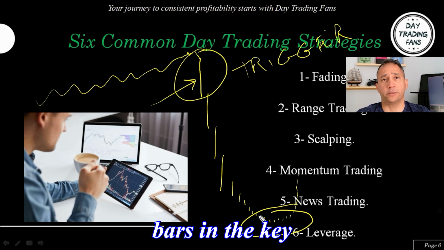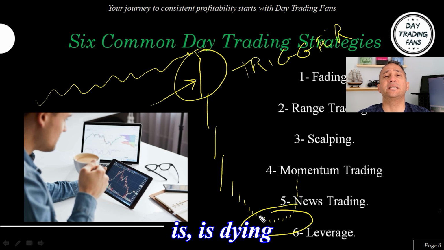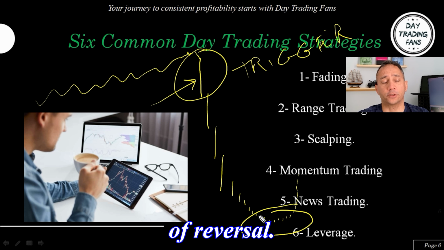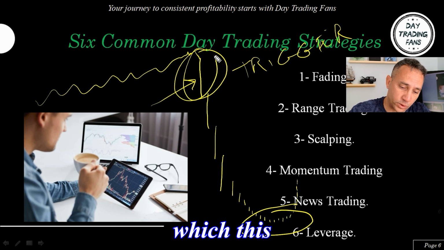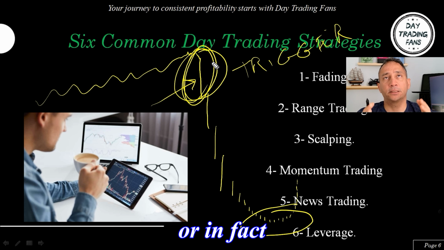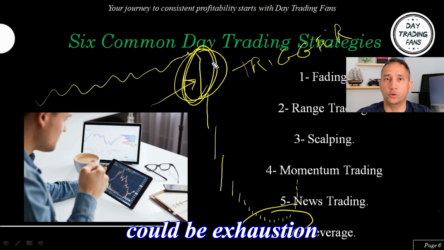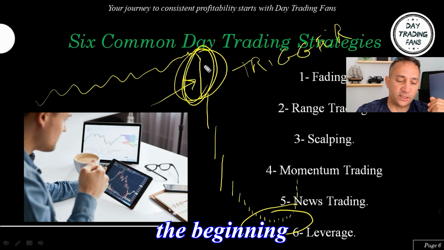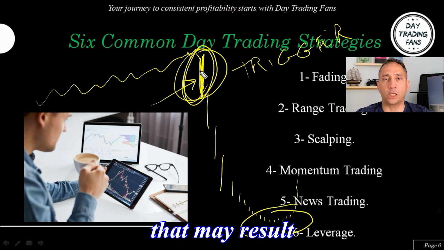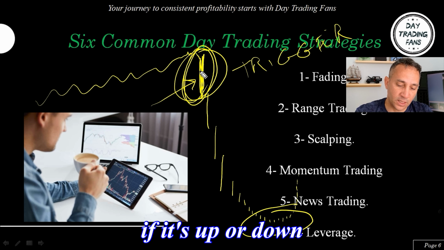Narrow range bars indicate the momentum is dying and there is a possible reversal. A big range bar, which is this huge candlestick, is in fact a trigger. Could be a trigger, could be exhaustion, depends on where it is. If it's in the beginning like this, that's a trigger event that may result in multiple other bars in the same direction, doesn't matter if it's up or down.